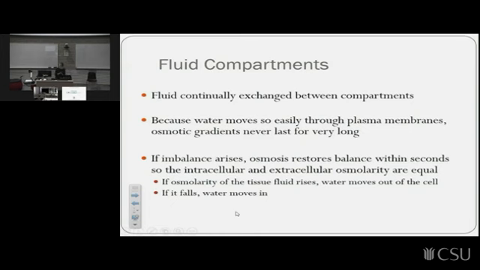So if imbalances arise, osmosis restores balance within seconds, so the intracellular and extracellular fluid are equal, at that homeostatic balance. If osmolarity of tissue fluid rises, water moves out of the cell, and vice versa. If osmolarity of tissue fluid falls, water will then move into the cell.